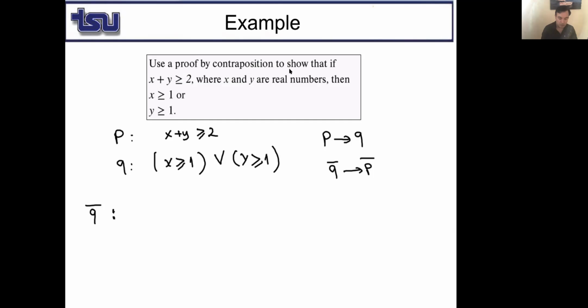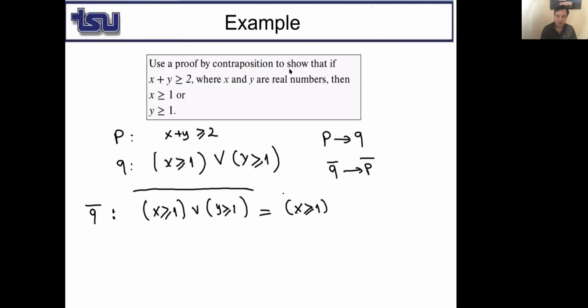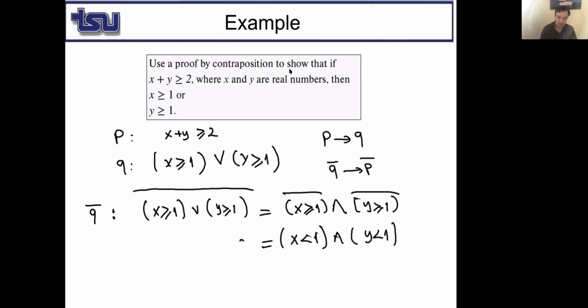I'm going to take x bigger than or equal to 1 or y bigger than or equal to 1 and get the inverse of it. The inverse will be the inverse of x bigger than or equal to 1, and 'or' becomes 'and', the inverse of y bigger than or equal to 1. What is the inverse of x bigger than or equal to 1? That is x less than 1 and y less than 1. So this is Q naught.